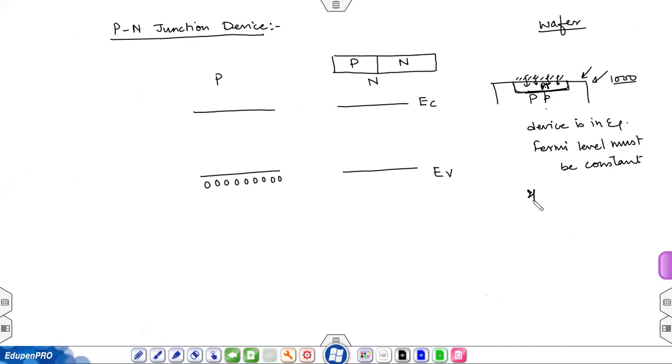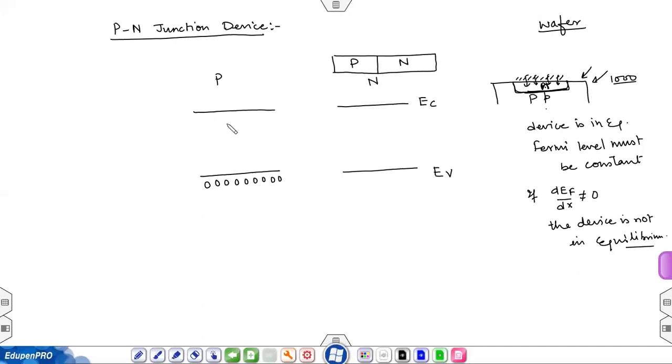If the Fermi level has a gradient, meaning dEF/dx is not equal to 0, meaning the device is not in equilibrium. This is what I wanted to tell you.